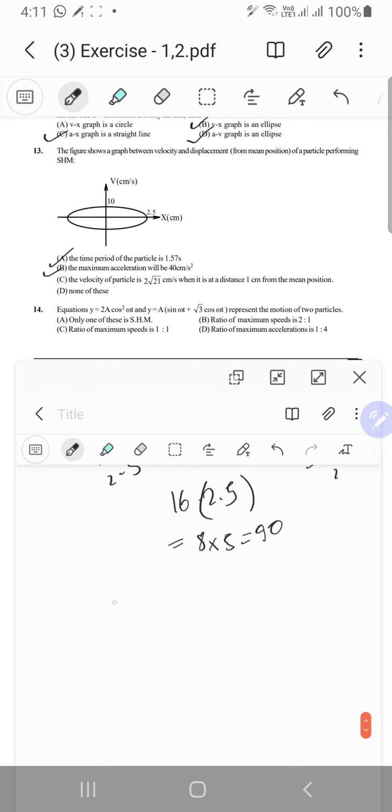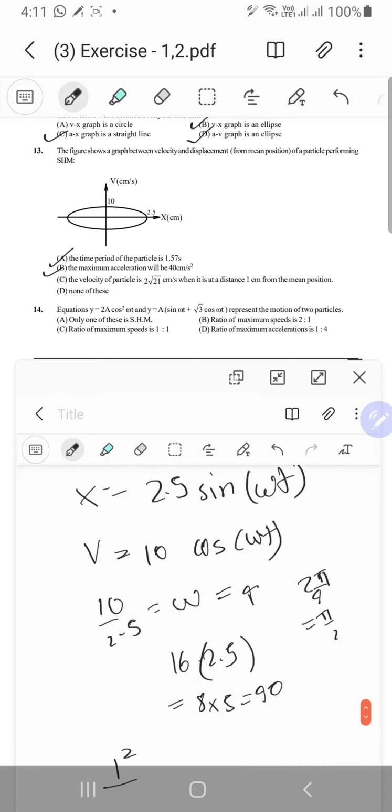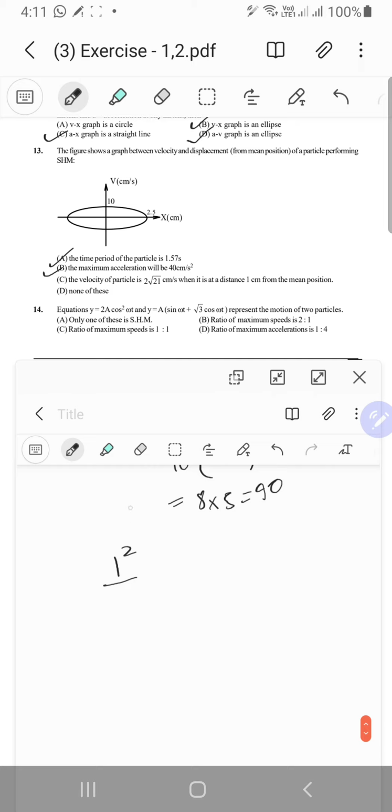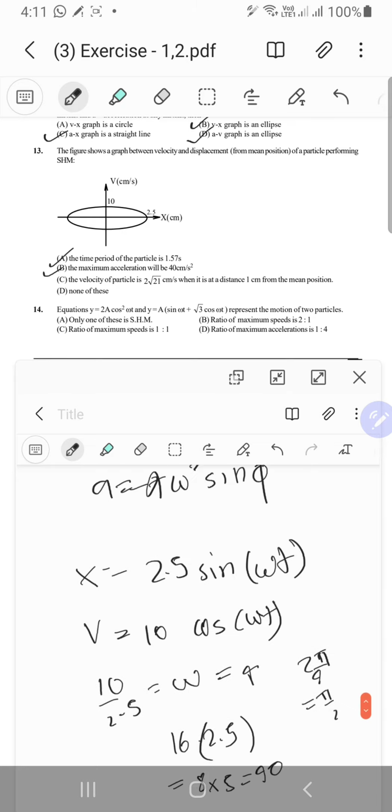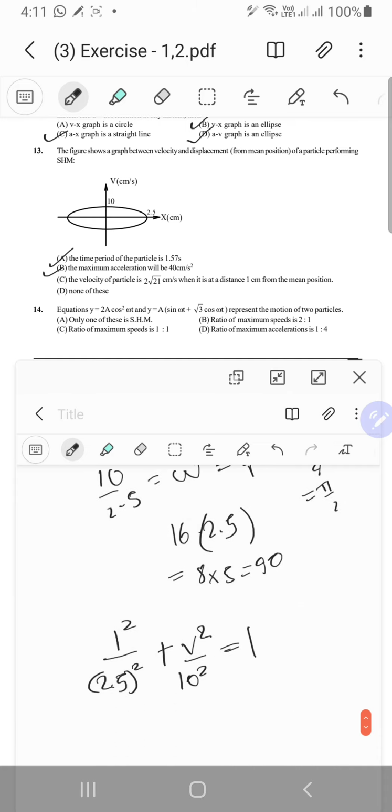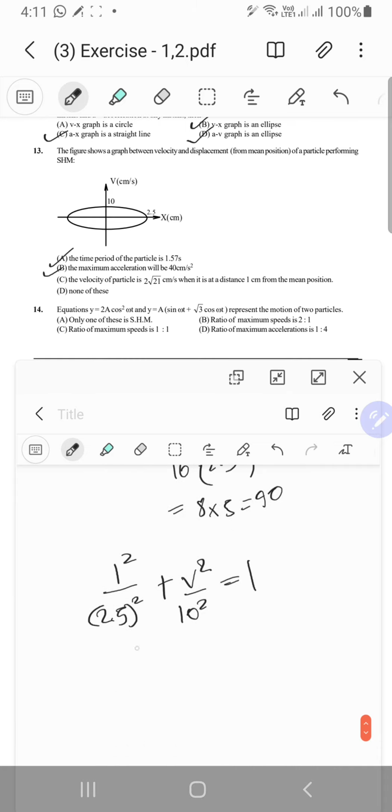Yeah, so 1 squared upon amplitude squared, which is, wait a second, but why is that 10 centimeter per second? Something is wrong. Why is this 2.5 and shown to be bigger? Whatever. So 1 squared upon 2.5 squared plus v squared upon 10 squared equal to 1. Cool, we can just find it out.